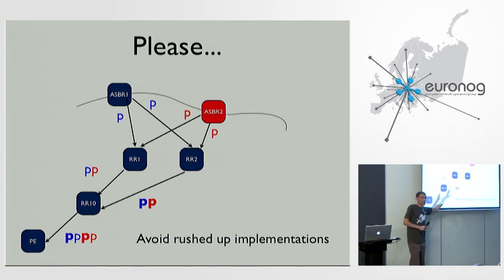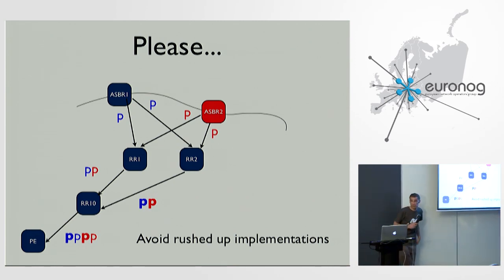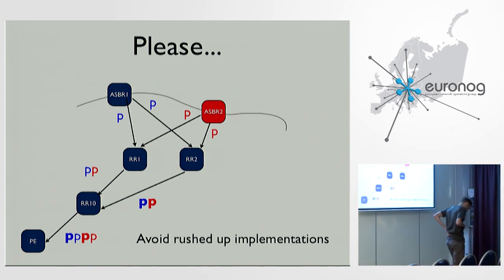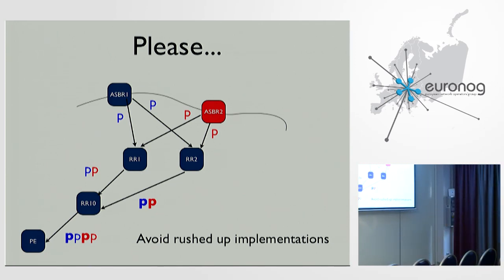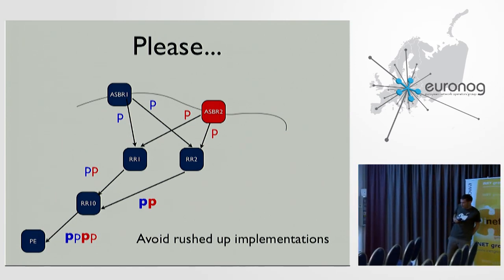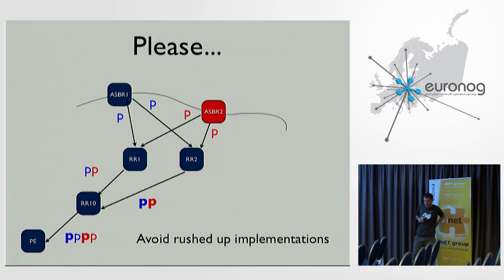Check with your vendor that the implementation does not consider these as different and does not end up advertising four paths towards the PE. Would that be due to the identifier, that it would be received from the two route reflectors with different identifiers and considered different? Exactly. It's basically the developer just not paying attention to the actual equality among the paths received from the different route reflectors, and advertising them.